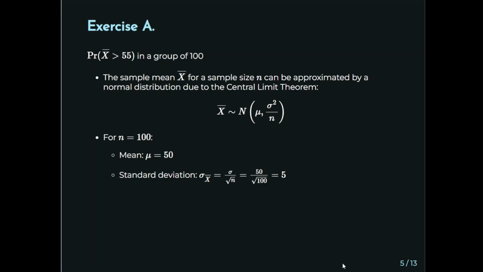So for n equal to 100, the mean is mu equal 50, and the standard deviation of x bar, which is the sampling standard deviation, is sigma divided by the square root of n, which is 50 divided by the square root of 100, which is 50 divided by 10, which is 5.